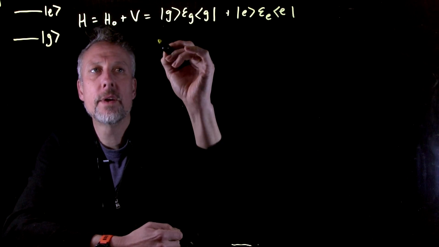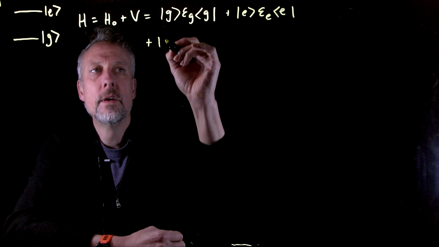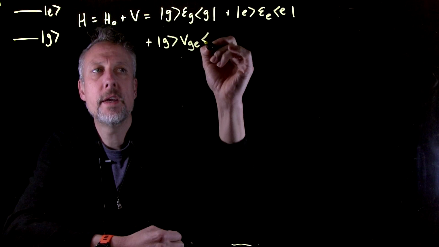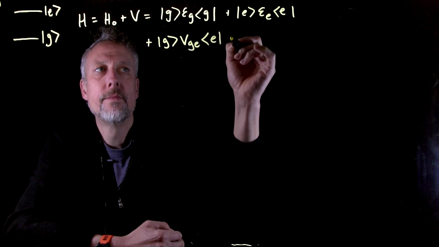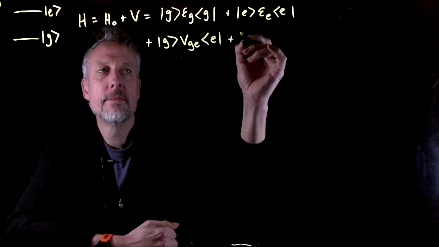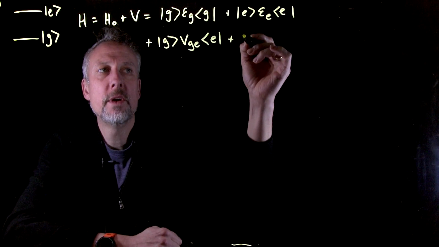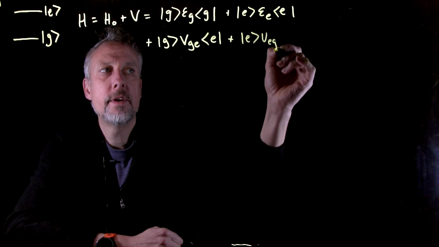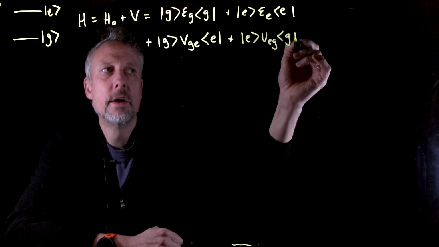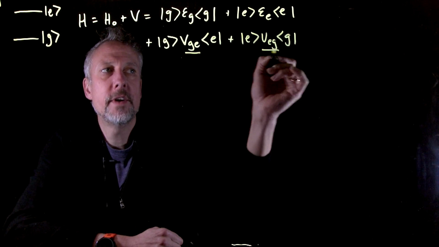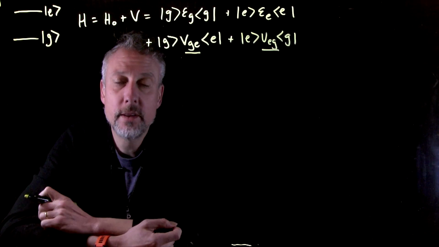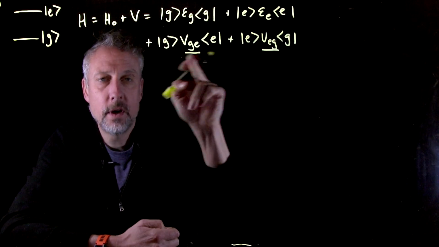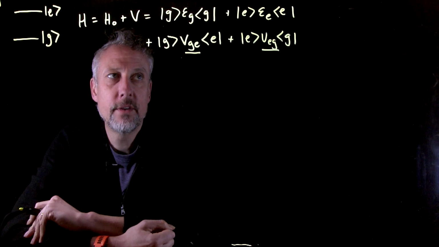And then we'll have the coupling term, plus V_GE times |G><E|, plus the complex conjugate, V_EG times |E><G|. The Hamiltonian has to be Hermitian. These V_GE and V_EG can be real or complex, whatever you want, but they do have to be the complex conjugates of each other.